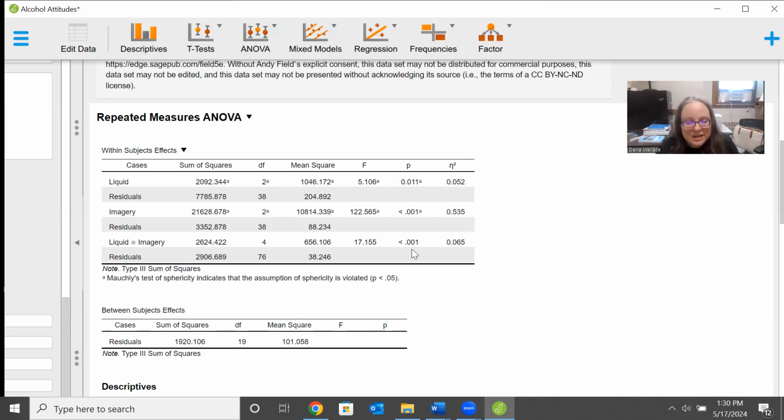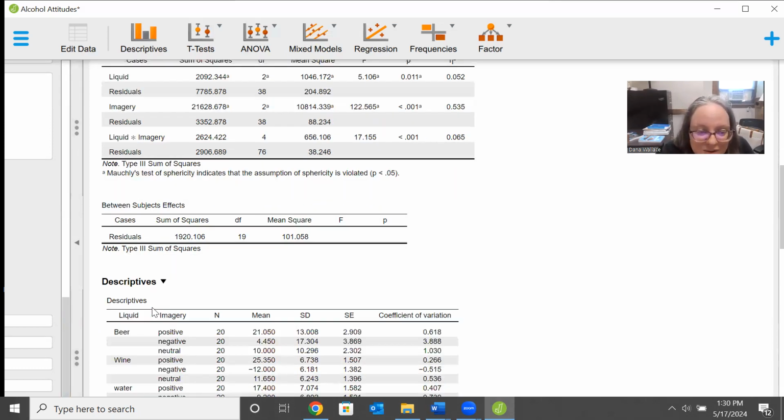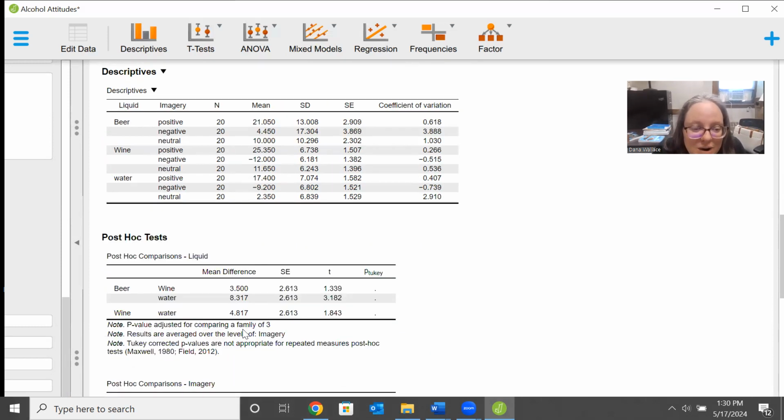So we have to make sure that we take a look. You'll notice there's an empty ANOVA here for the between subjects because we don't have any between subject factors in this design. We've got our descriptives. Again, we can kind of see where some of these differences might be coming from, but it's just eyeballing, and that's not what we want to use in statistics. So let's check out our post hoc tests.